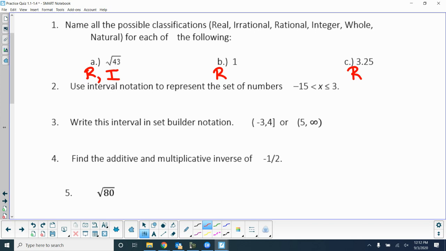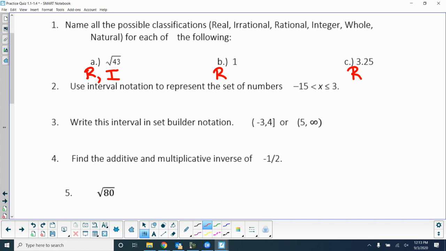Autumn, this is gonna sound really stupid, but what's an integer? Integers are positive and negative whole numbers, no decimals or fractions, and 0 is in there too. No fractions or decimals for integers, whole numbers, and natural numbers.